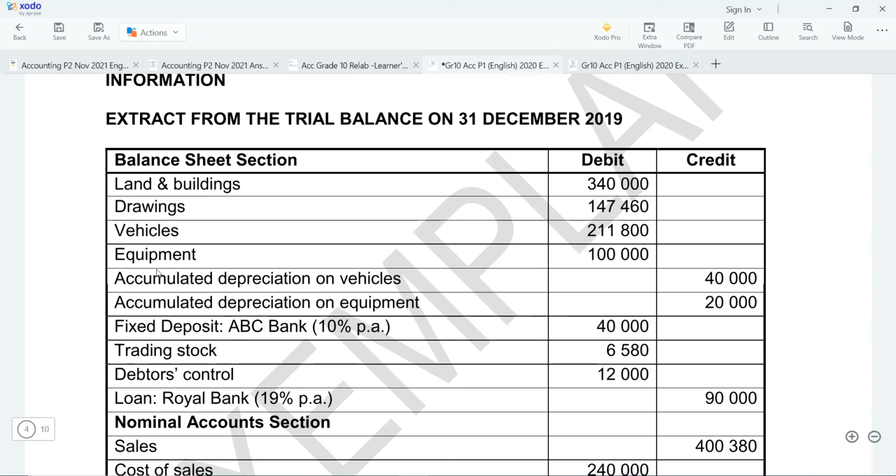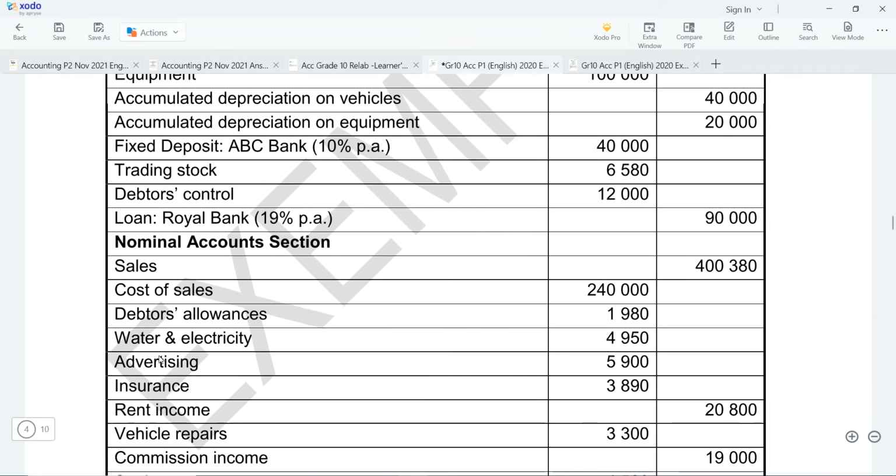And also some information regarding depreciation, you're going to use some accounts like vehicles, equipment, and accumulated depreciation, depending on the methods of depreciation that you are given. But in a nutshell, items that are in the nominal section are the items that are supposed to be recorded in the income statement. So please make sure that you know what to include in the income statement.